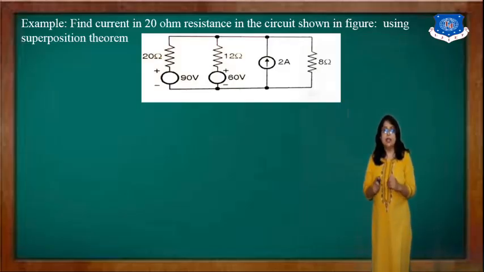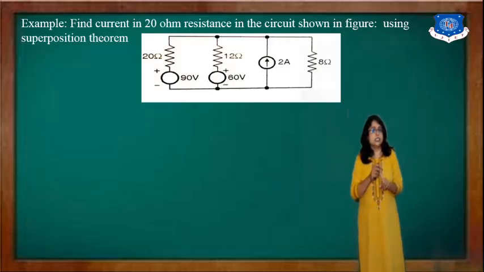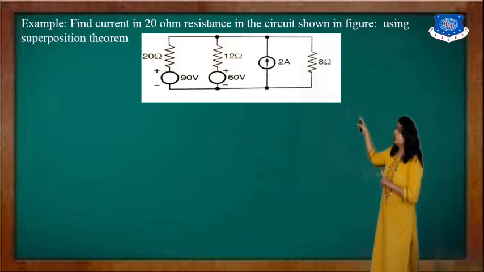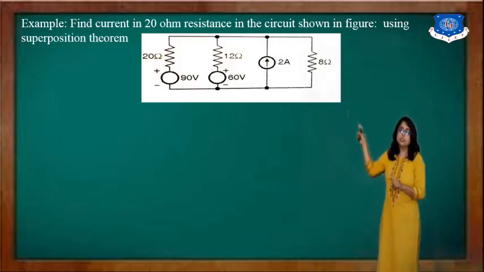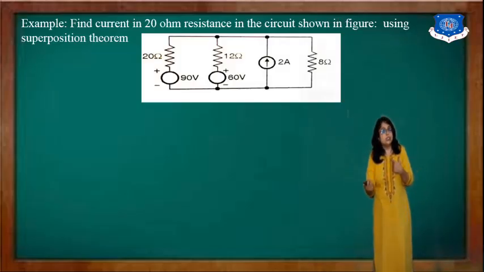One by one we are going to consider a single source. First I will consider the 90 volt source, then I replace the 60 volt source by a short circuit and the 2 ampere source by an open circuit, because we have to replace the other sources.